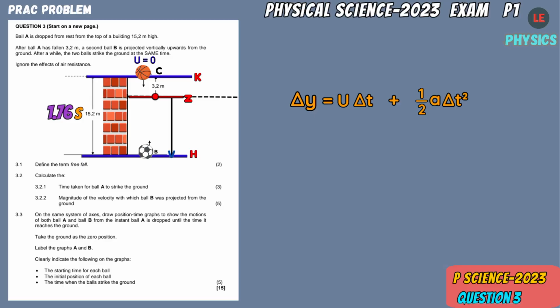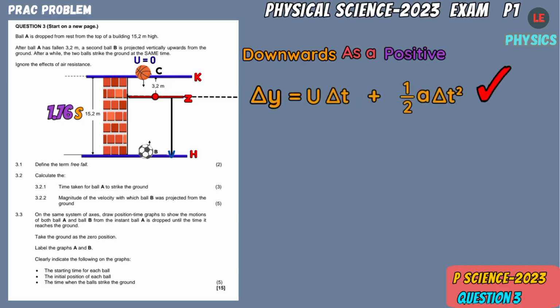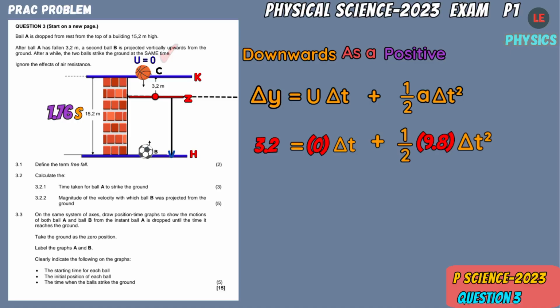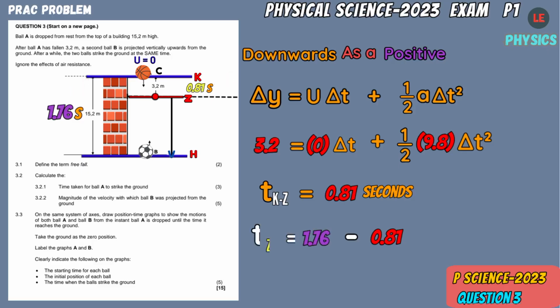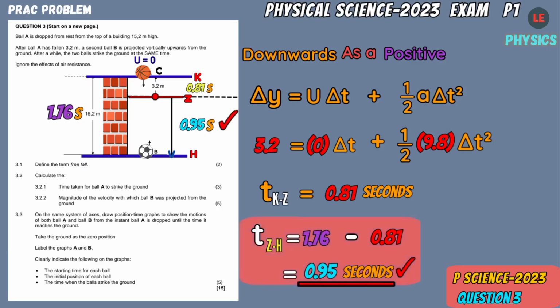Let us quickly calculate the time for ball C in this 3.2 meters. We use this equation. On the height we put this 3.2, and this part is 0, because initial velocity is 0. We get 0.81 seconds from the top, then we minus this 0.81 from 1.76 seconds, which gets us 0.95 seconds, and remember this 0.95 seconds is for both balls to hit the ground.